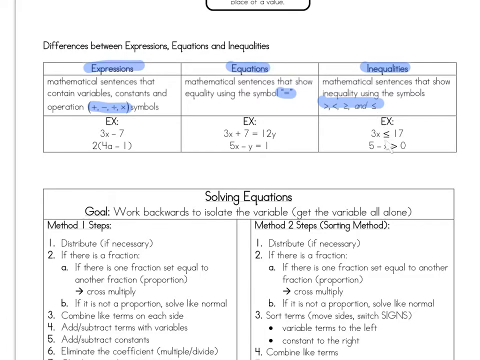So here are a few examples down below. They can look even simpler, something simple like x is greater than 2, or you could have something really complex. These are two pretty basic examples, but just know that anytime you see greater than, less than, anything having to do with those, that would make it an inequality.